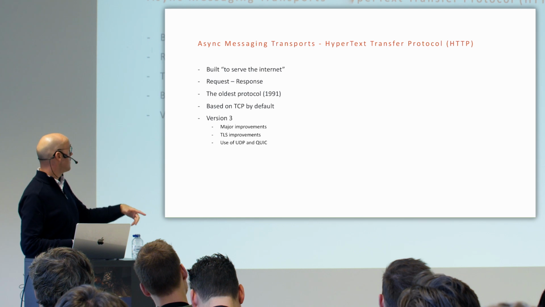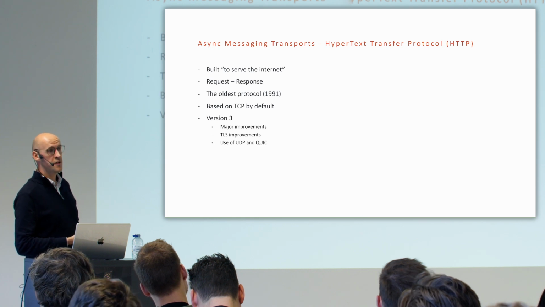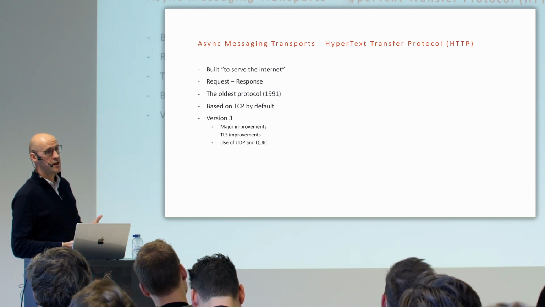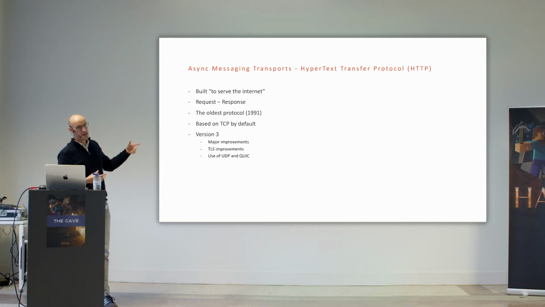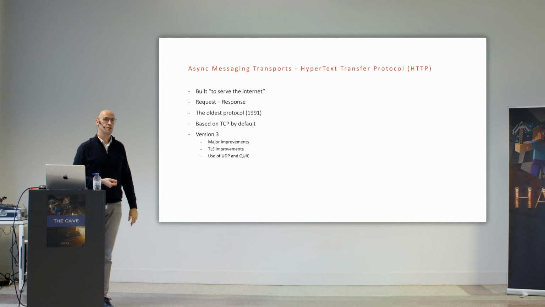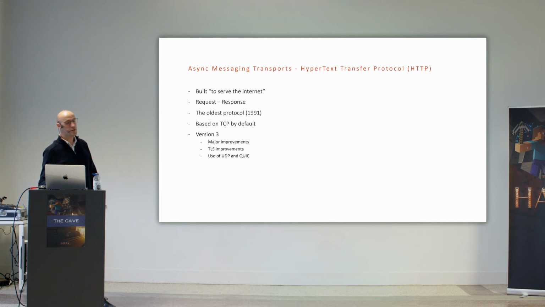But by making use of the third version of HTTP, where some major improvements had been made for the performance, mainly on TLS, a lot of speed or latency is gained. It can make use of UDP, where previously in the past they were relying on TCP and even on QUIC, but be aware that some companies are still blocking UDP and QUIC, so it might not work the way you expect it to.